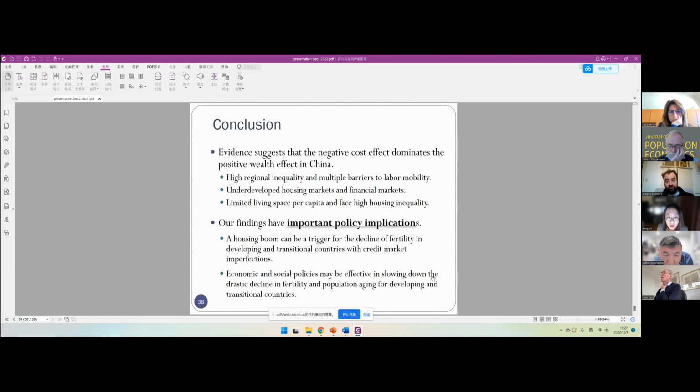So we conclude that our findings have some policy implications, not only for China, but also for other developing countries, because a housing boom can be a trigger for the decline of fertility in developing countries with credit market imperfections. So economic and social policies may be effective in slowing down the decline in fertility and population aging for developing and transitional countries. So that's it.